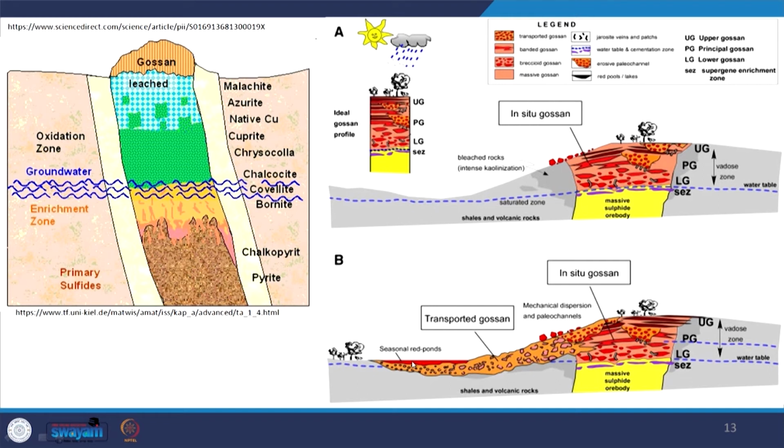So, by looking at red color ponds in an area, we can guess that somewhere there is a gossan inside this area, and geological exploration should continue to hit this gossan zone. Once the gossan zone is targeted and found, we can say which mineral deposit is lying beneath by analyzing the gossan characteristics.